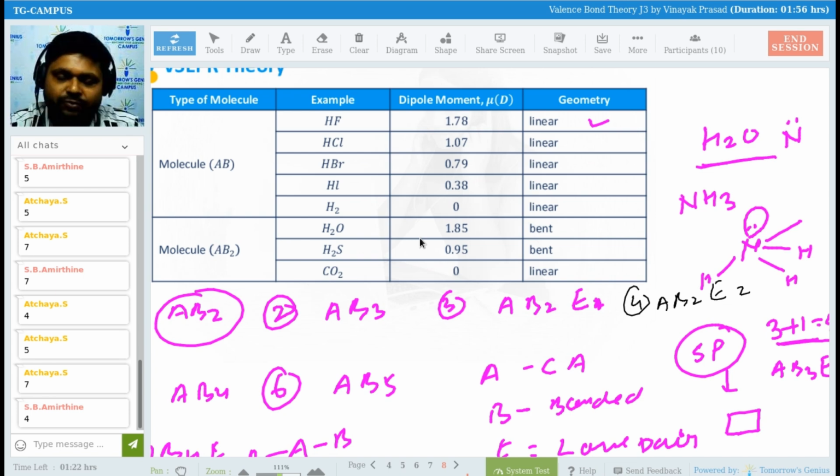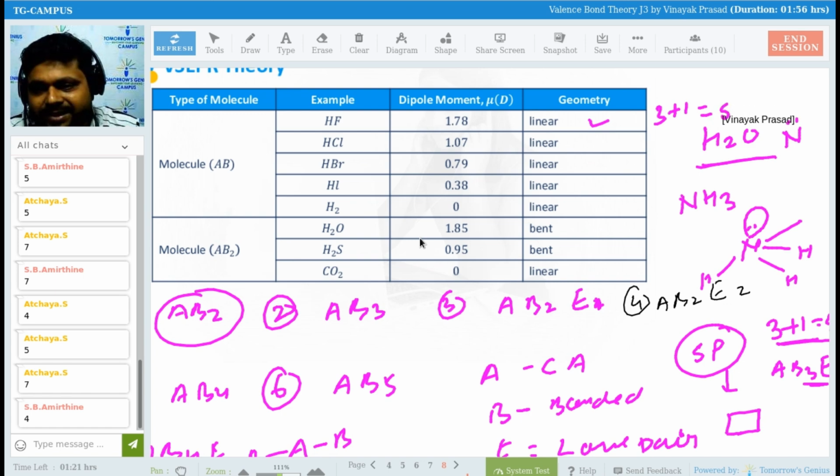So what will be the hybridization for this AB3E type? Can you please tell me? See guys, if it is AB3E type, you have to take the total number of bonded atoms, which is 3, and the number of lone pairs, which is 1.